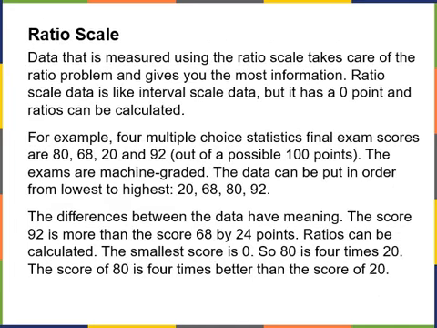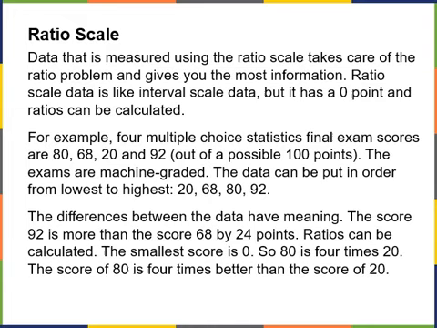Okay. Ratio scale data takes care of the ratio problem and gives you the most information. Ratio scale data is like interval scale data, but it has a 0 point and ratios can be calculated. What does this mean? For example, say final exam scores in a statistics class are 80, 68, 20, and 92. What does that mean on its own?